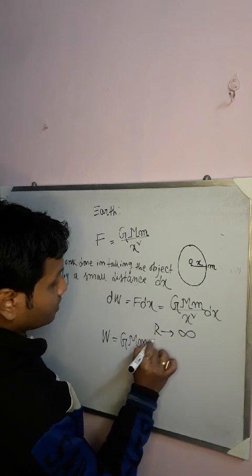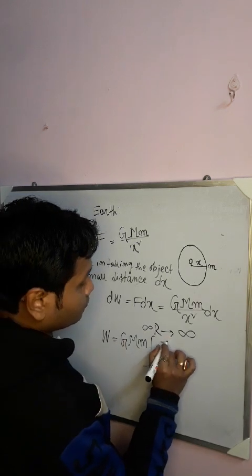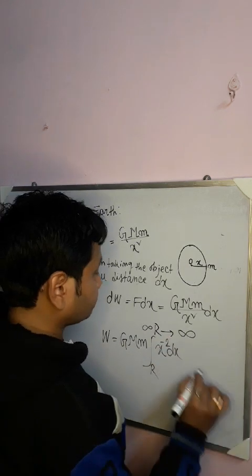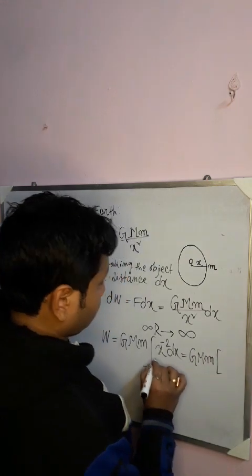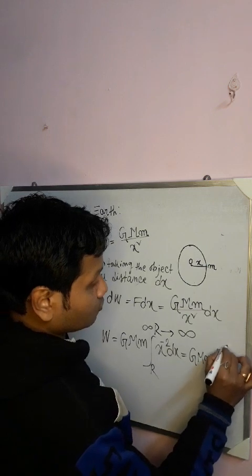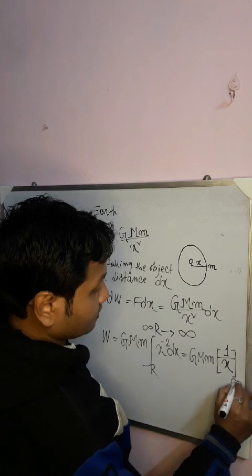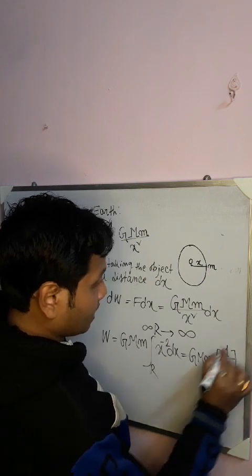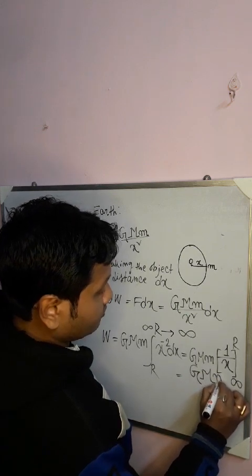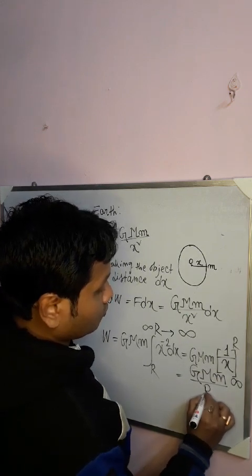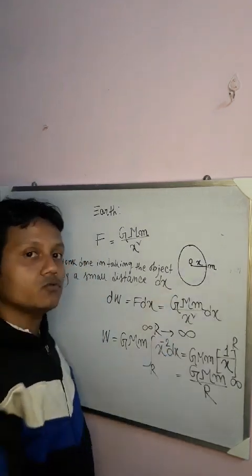GMm is a constant, so it comes out, and we get the integral of x to the power minus 2 dx, which is minus 1 by x. If we interchange the limits to remove the minus sign, infinity becomes the upper limit and R the lower, and the result is GMm by R. This is the amount of work done to displace the object from Earth's surface to infinity.